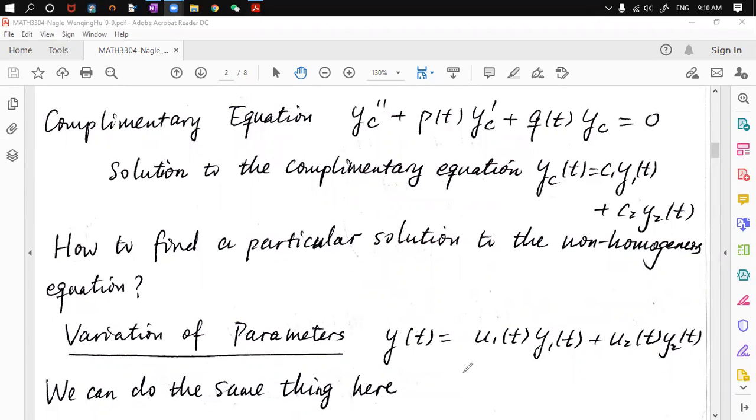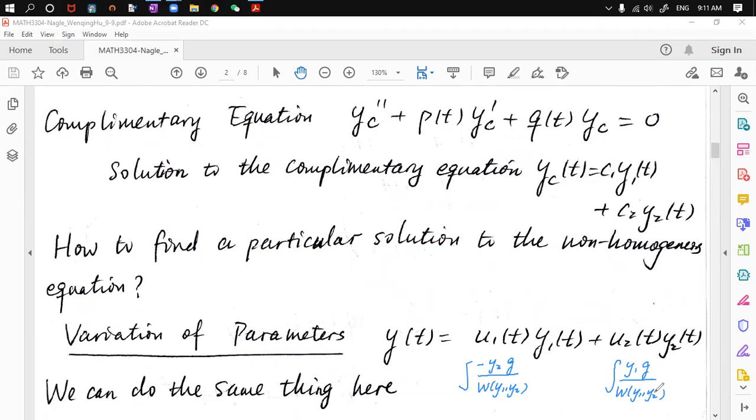You must remember this: u1 is the integral of minus y2 multiplied by the right hand side divided by the Wronskian of y1 and y2. And u2 is equal to the integral of plus y1 multiplied by the right hand side divided by the Wronskian between y1 and y2.